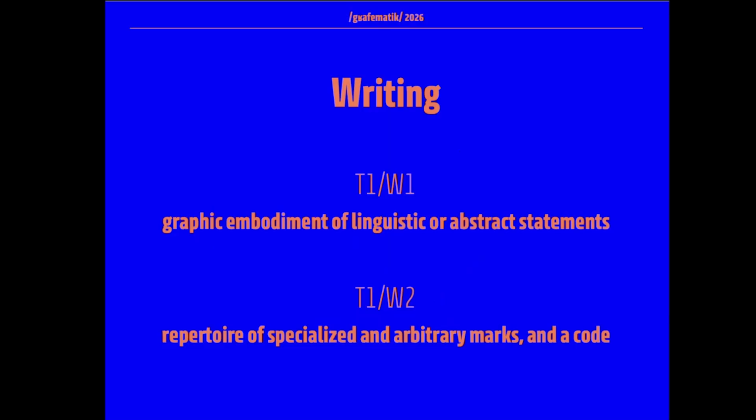So writing is formal expression and communication, which consists of, item 1, the graphic embodiment, that is visual, of linguistic or abstract statements, done by means of a repertoire of specialized and arbitrary marks, let's call them graphs, and the code for their combination.